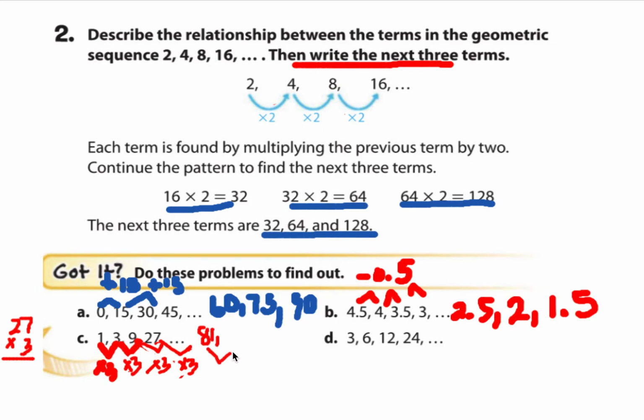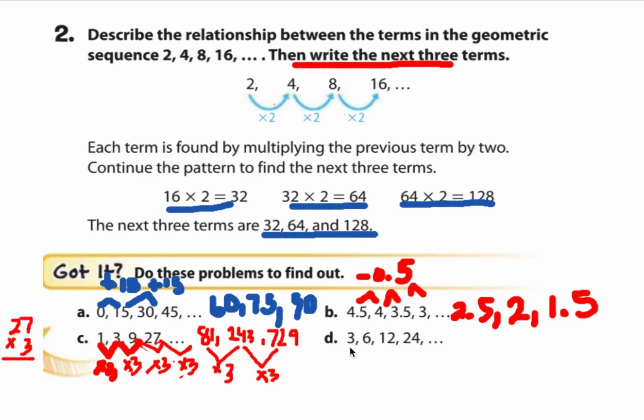Then 81 times 3 is 243. Then 243 times 3 is 729. Again, I could do the work on the outside, I just don't have room. And this one works out perfectly.